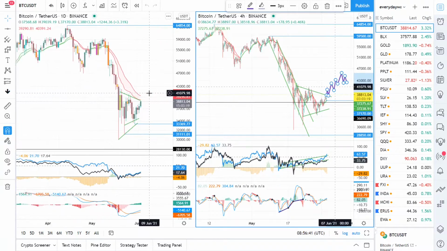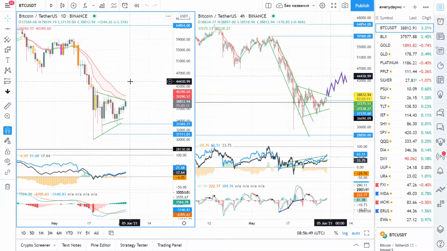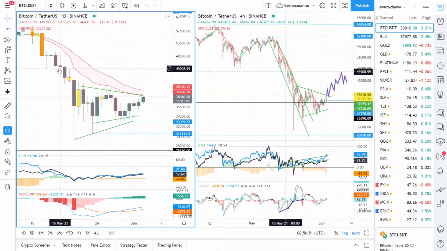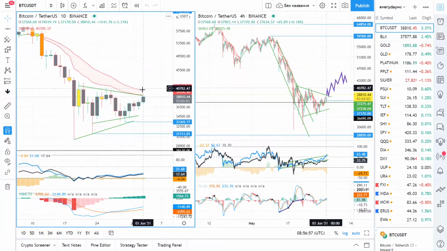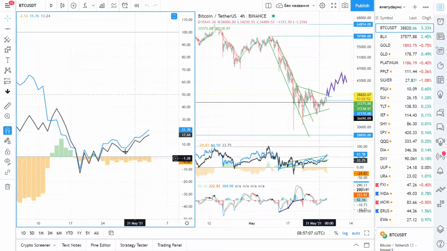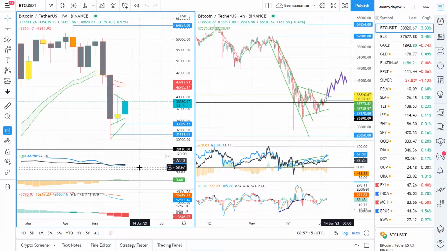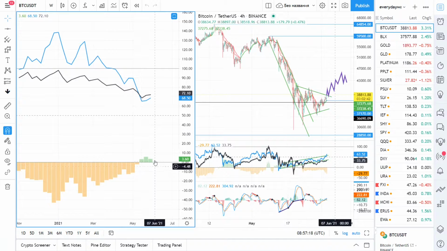42k. But the action near the support and resistance band on the daily will be very interesting to watch, because if we get some kind of candle with big wicks and a small body near the moving averages on the daily, that's going to signal a weakness, which is quite probable, because the delta on the daily is negative as well, and the weekly is signaling a positive delta.